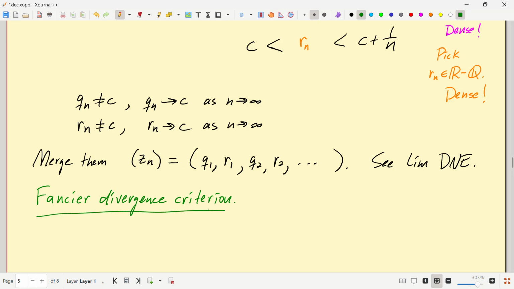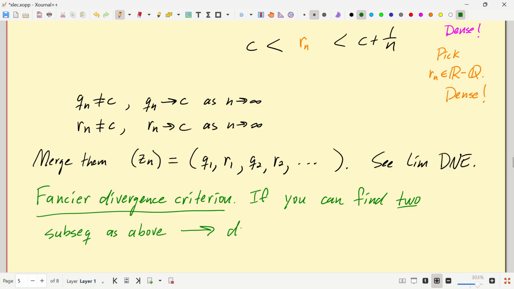If you can find two subsequences, as above, that are different from the point c, and f of the subsequences converge to two different things, then, of course, the limit doesn't exist.